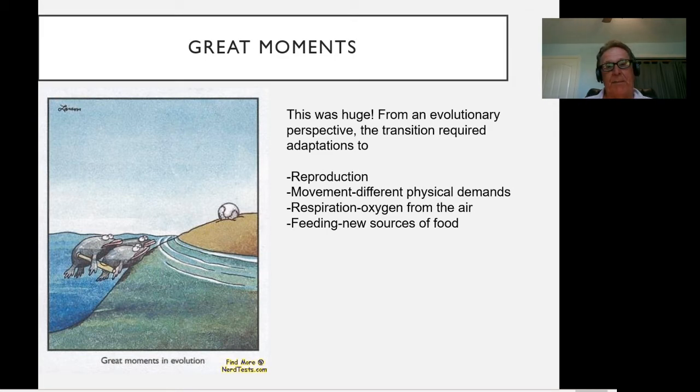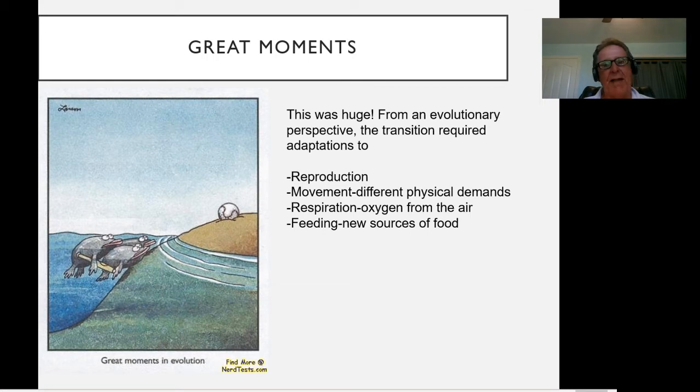Movement. If you've gone swimming in water, you know that swimming supports you. You have a buoyancy, and you don't feel as heavy in the water as you do on land. So just moving in the water and moving on land have very different physical demands, right? If you're in the water, you can swim, maybe crawling on the ocean floor, that's fine.